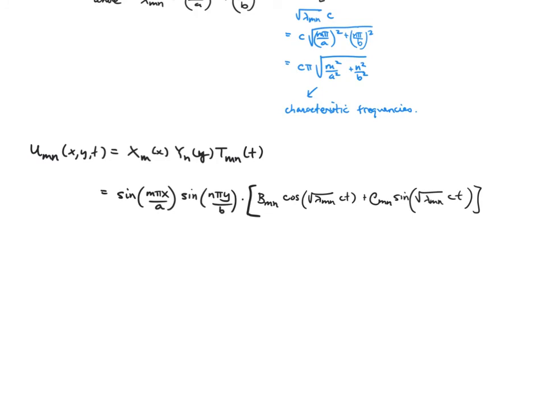Now, of course, the final solution is a superposition of all these u_mn solutions. Okay, so finally, u of x, y, and t is equal to the superposition of all of these particular u_mn terms, and so we're going to have a double sum, m equals 1 to infinity, n equals 1 to infinity, of the u_mn of x, y, and t as written right above there.